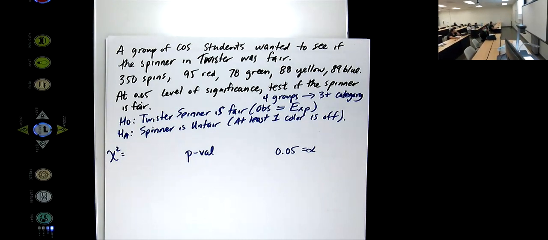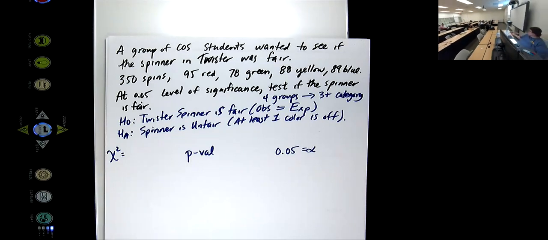Now, in the M&M one, we had to calculate expected values because the proportions didn't match. But if the spinner works on the Twister thing, red should come up as often as green, as often as yellow, as often as blue. There's 4 colors, they should each come up about 1/4 of the time. So we don't need to calculate expected values here.